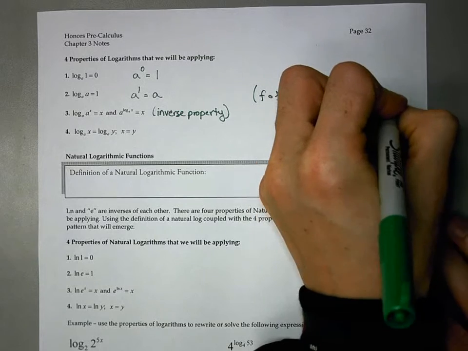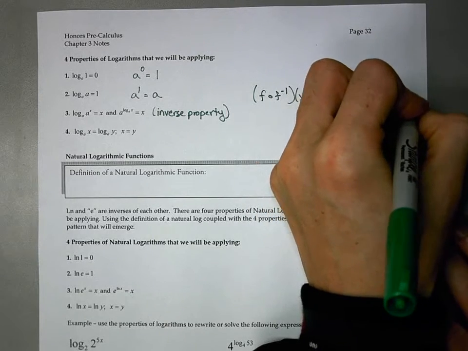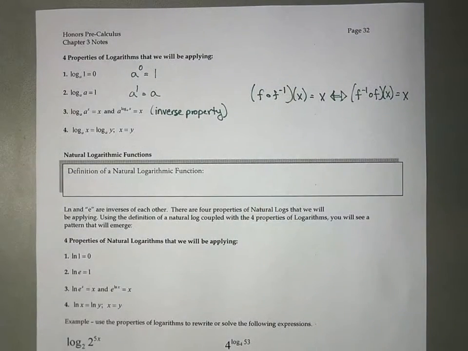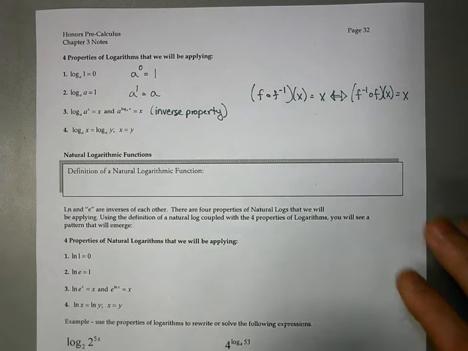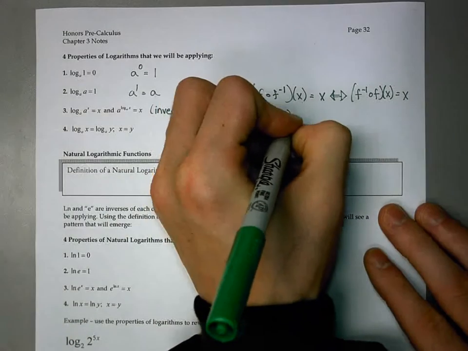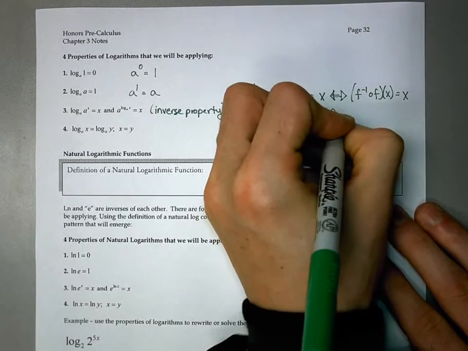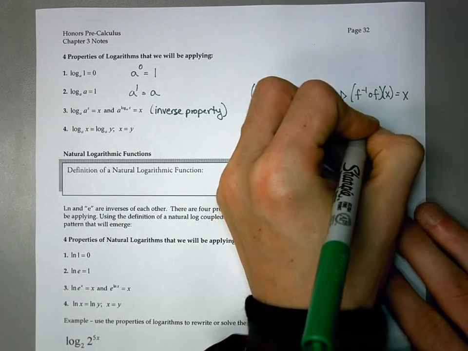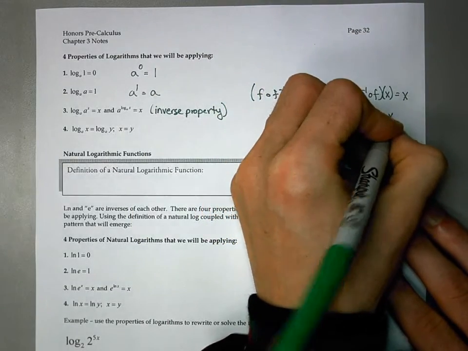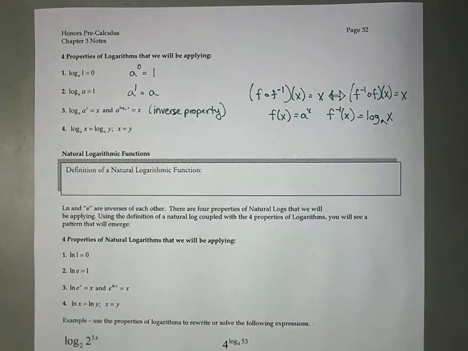F inverse of f of x is going to be equal to the identity. And if I take f of x equals a to the x and f inverse of x as being log base a of x, I will see that that holds true. If I compose those two values together, I will see I'll end up with just x.